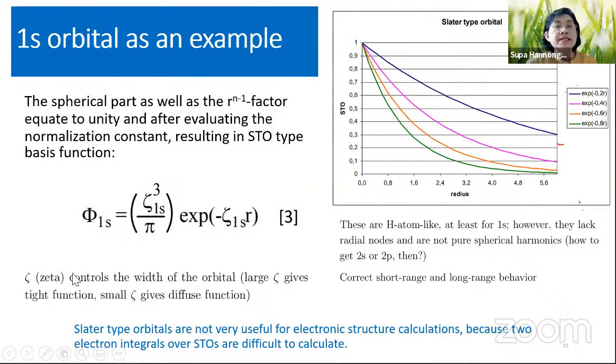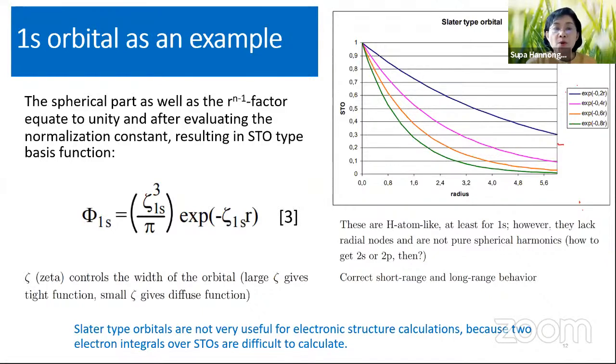And the physical meaning of zeta is very important because it controls the width of the orbital. A larger zeta gives a tight function, and a smaller zeta gives a diffuse function.